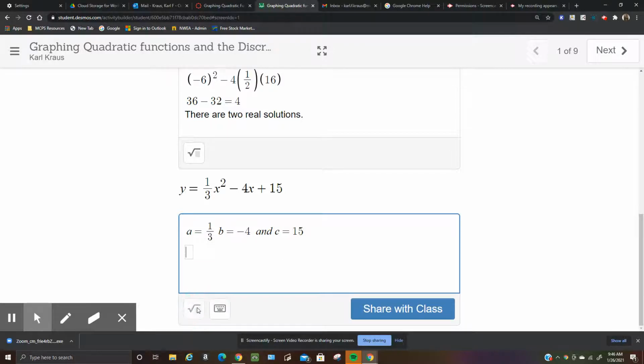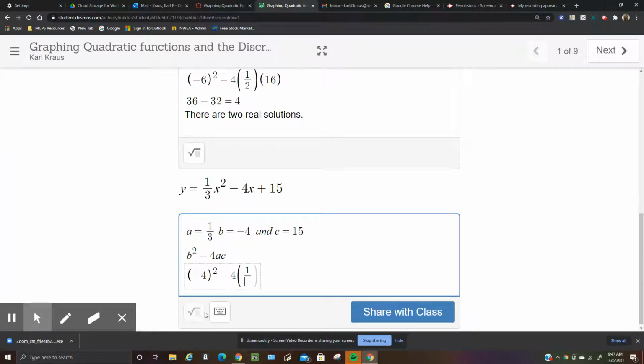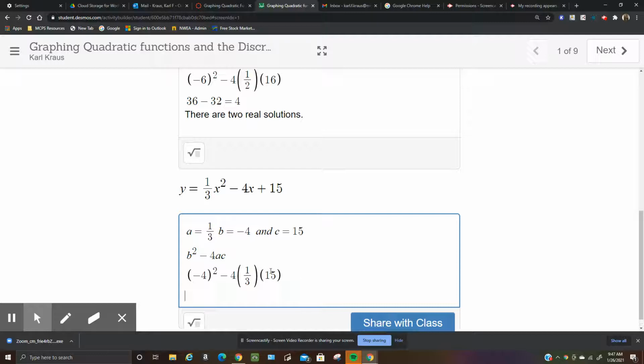Plugging into b squared minus 4ac: negative 4 squared is 16, minus 1/3 of 15 is 5, times 4 is 20.